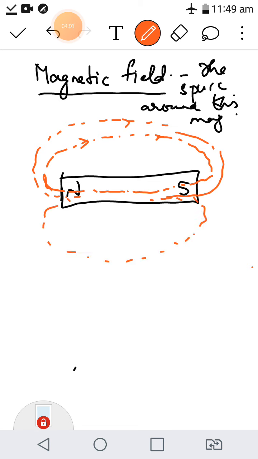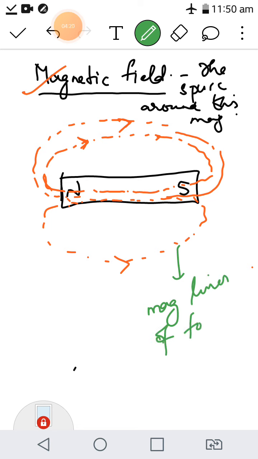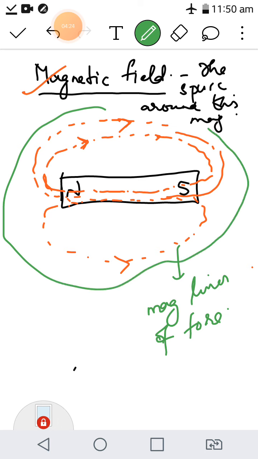So these are called the magnetic lines. The space around the magnet is called the magnetic field, and these are called magnetic lines of force. And the collection of all these lines is called magnetic flux. When you add all the magnetic lines, we call it magnetic flux.